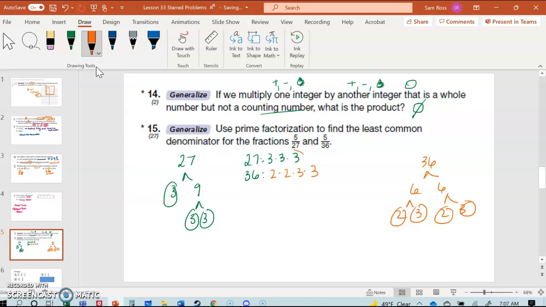So I have this in common, and I have this in common. So I have 2 times 2, times 3, and then times 3 for this whole thing, and times 3 for this whole thing. So that gives me 4, 12, 36. 36 times 3 is 108.